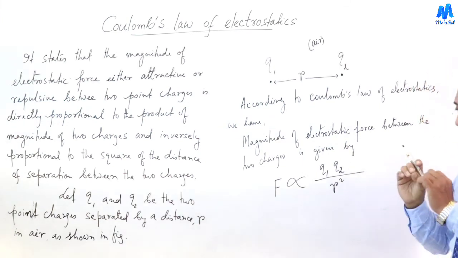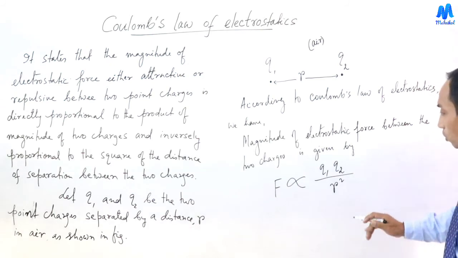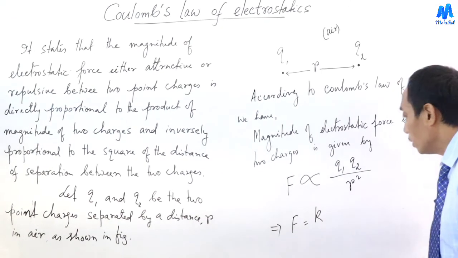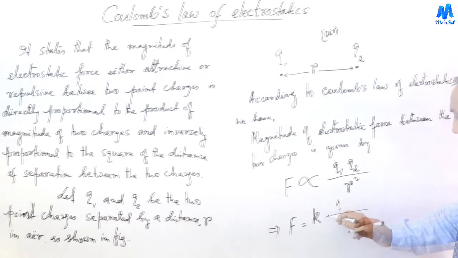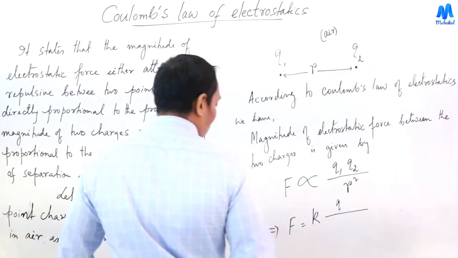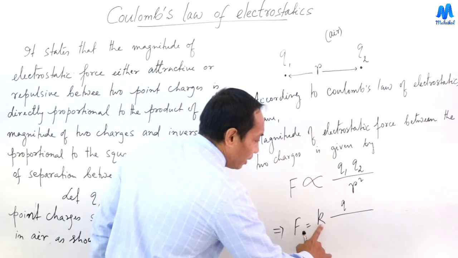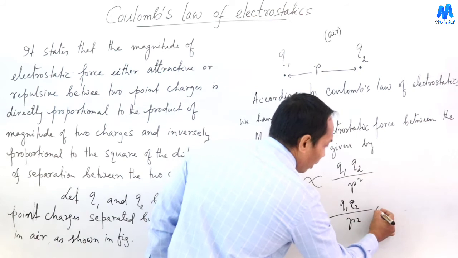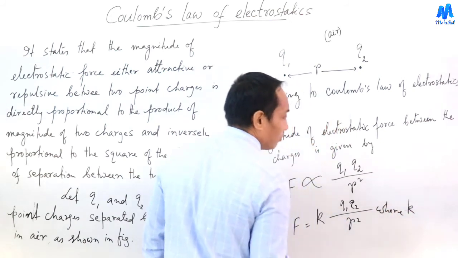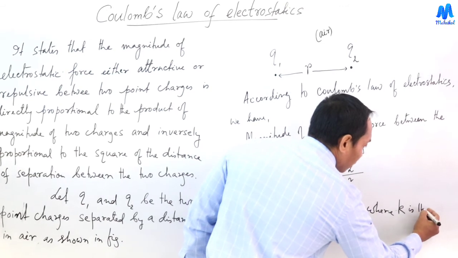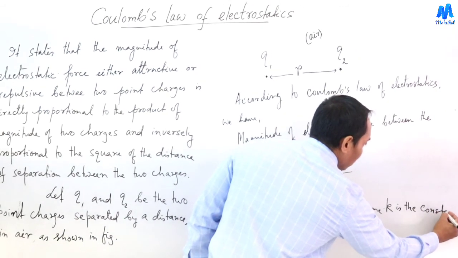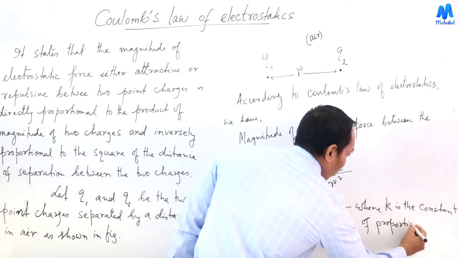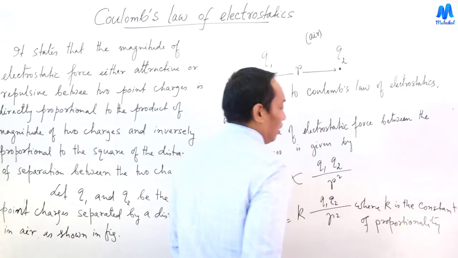So we may write like this: F equal to k, generally the constant is denoted by small k. The electrostatic force is k into Q1 Q2 divided by r square, where k is the constant of proportionality.